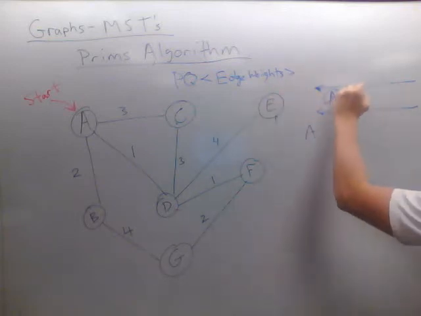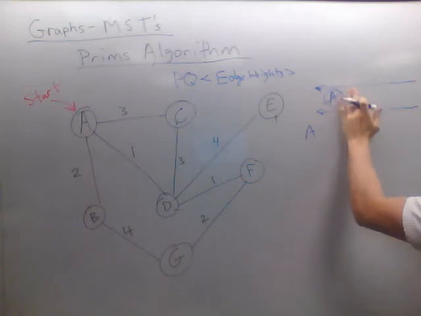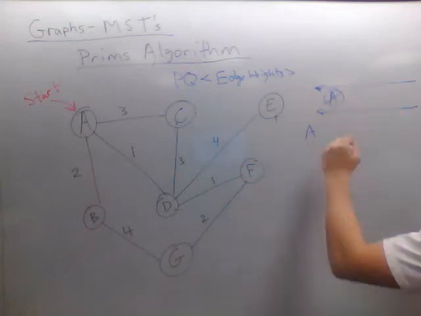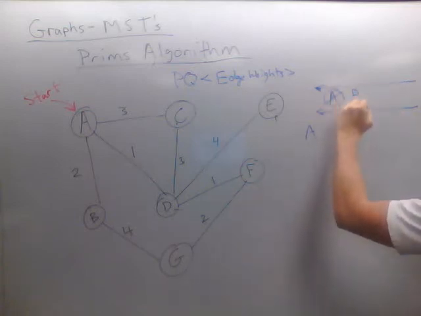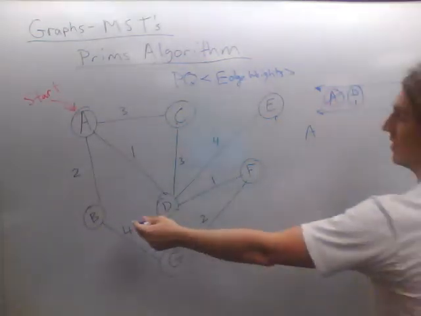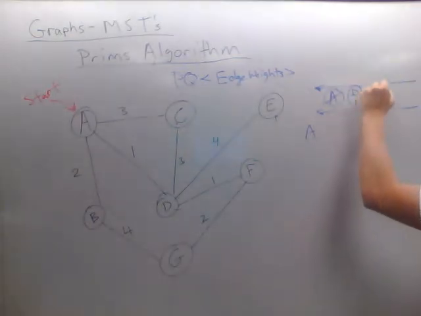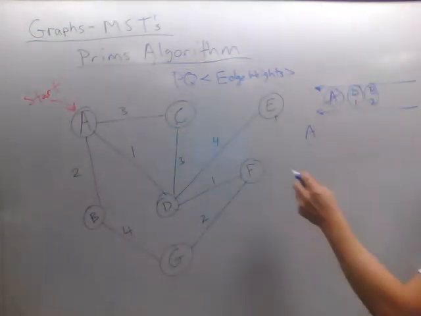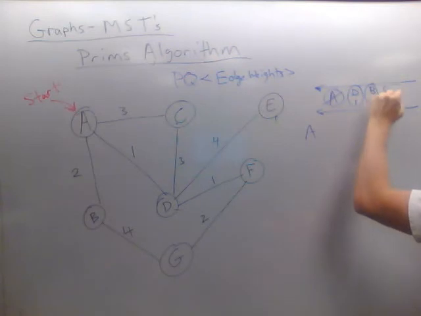So we can go to D with cost 1. And that's this edge here. We can go to B with cost 2. Or we can go to C with cost 3. Cool.